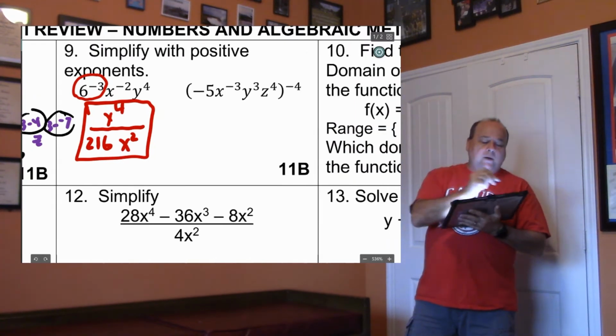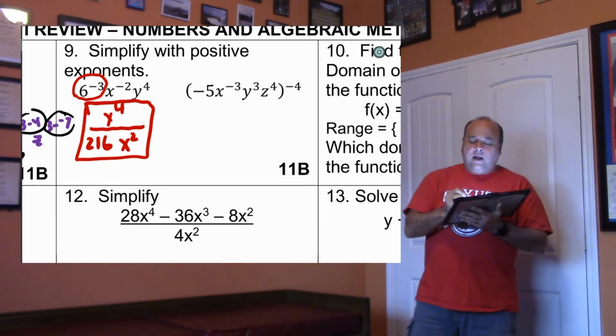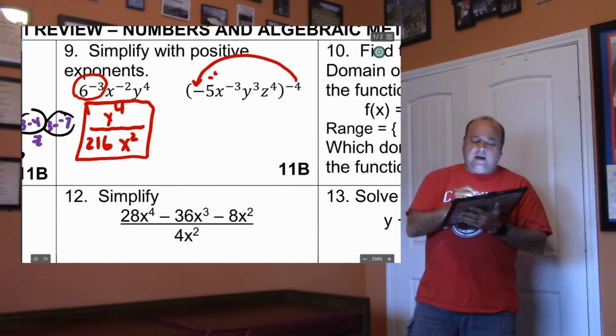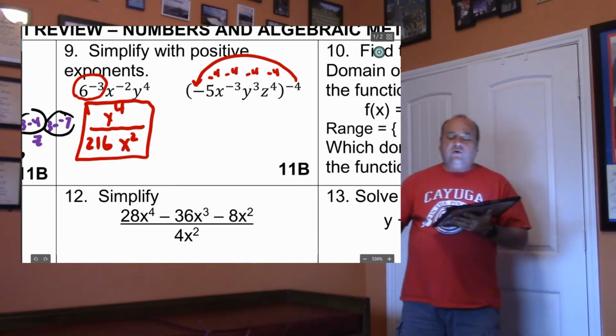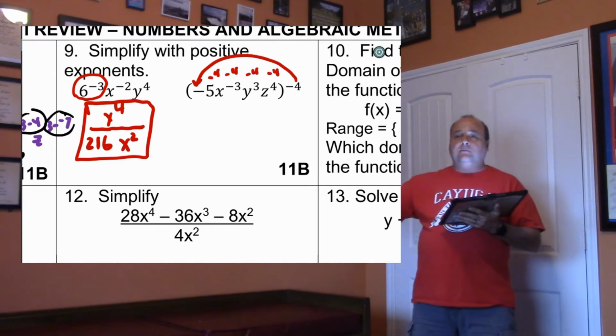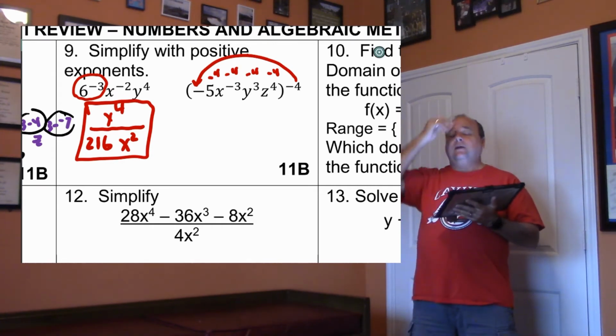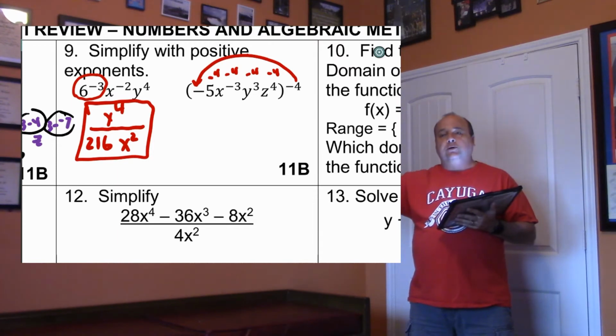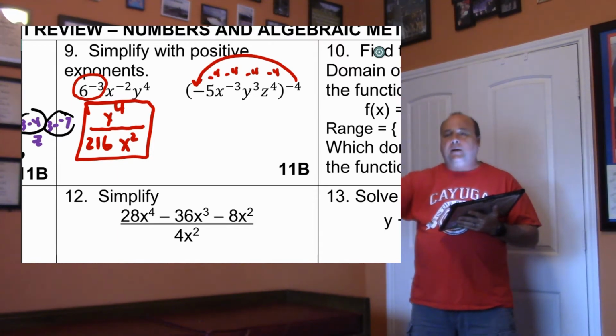On this one right here, we got to distribute the negative 4. The negative 4 is going to go to right here, to right here, to right here, and to right here. So that negative 4 is going to count 5 times. Now then, please think of this. You're going to write down that negative sign 4 times, aren't you? It doesn't matter if it's on the top or the bottom. 4 negatives is even.